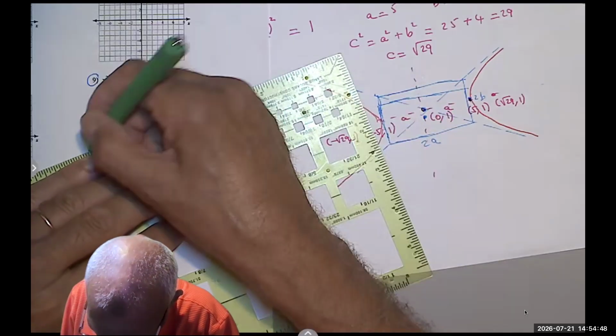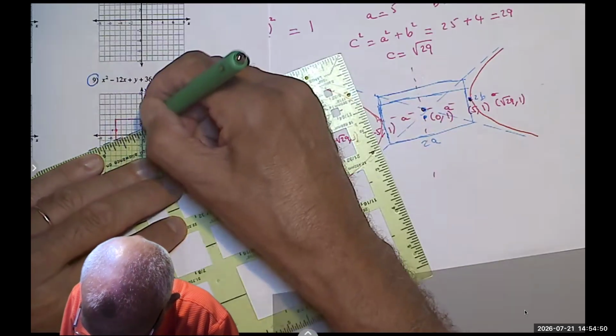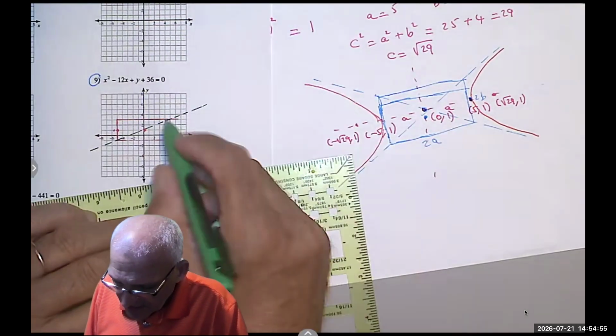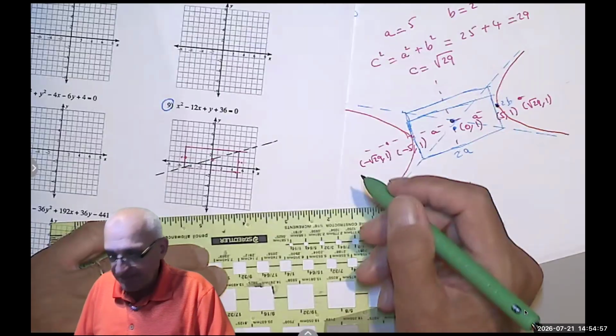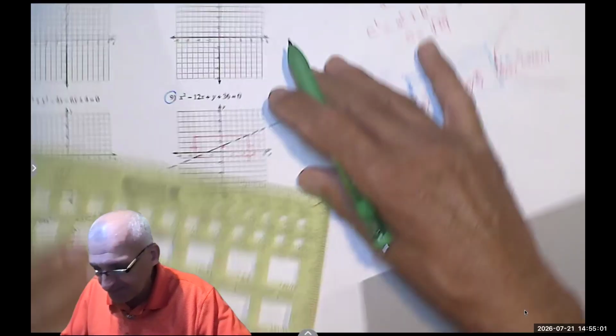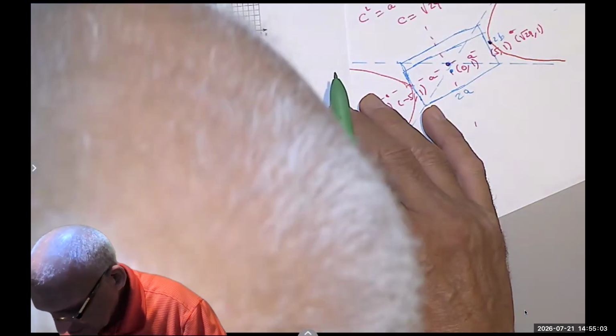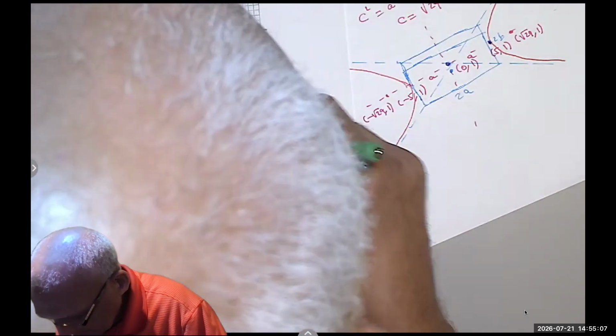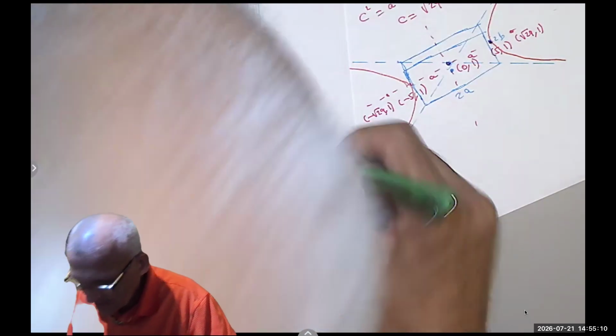And you can see, again, some people try to memorize. You don't need to memorize anything. This line has a slope b over a. And if it were the other way around, it would be a over b or negative b over a. So you can find the slope very easily if you know that you constructed this thing.